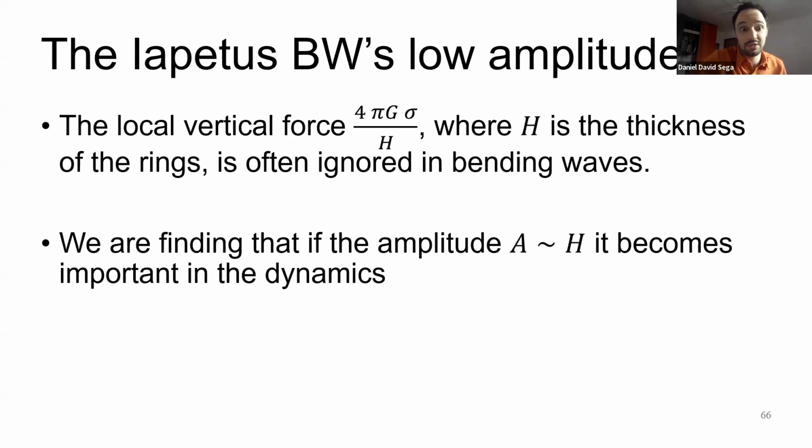But if the amplitude is similar to the thickness, then there are other interactions, like this 4 pi G over the thickness of the ring term, that will actually affect the propagation of the wave. We're playing with adding that force into the bending wave theory to see if we can use that to explain it. But we have a sharp intuition that it does have to do with the fact that the thickness and the amplitude are similar, that this thing can go on forever.